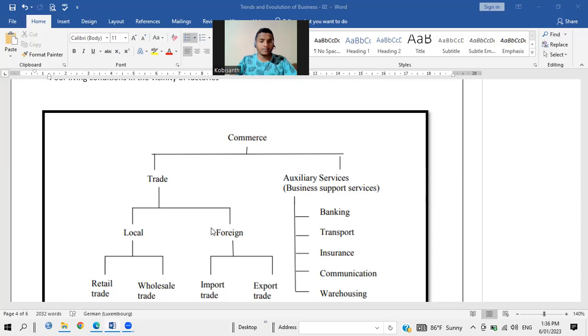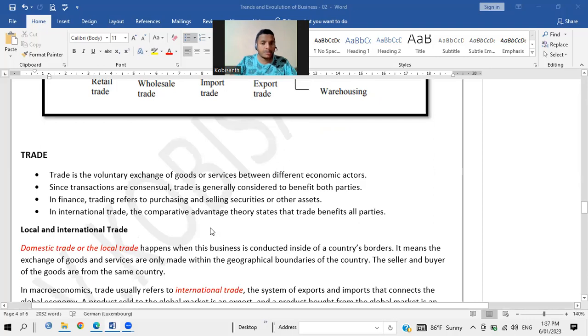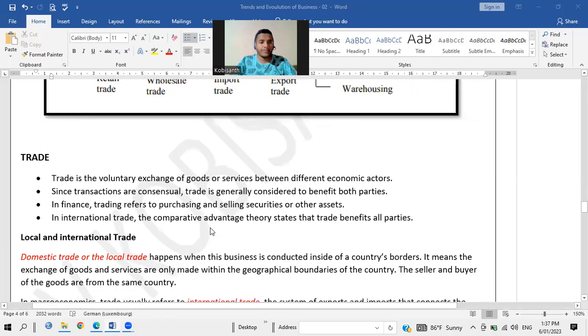Just for a moment, try to visualize, okay, this is trade. Simply think or recall some of your personal experiences. All right. So let's get into today's theory. Trade is the voluntary exchange of goods or services between different economic actors. Why do we use the term different economic actors?